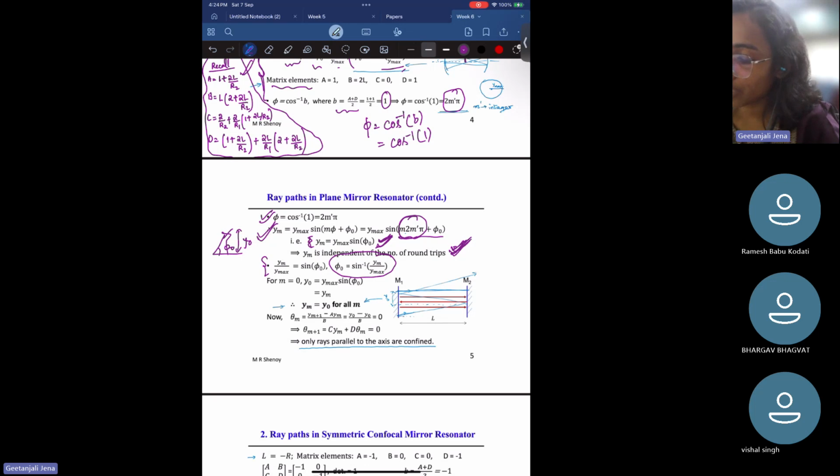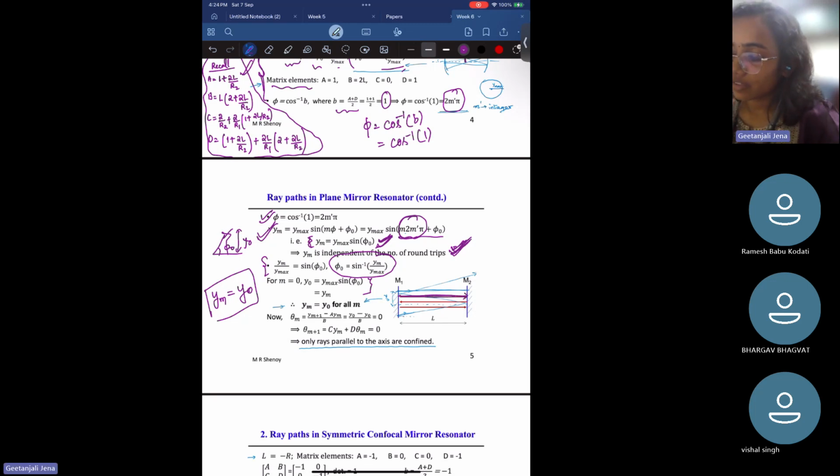For m equal to 0, we have y0 equal to y max sin φ0, which is equal to ym. So this indicates ym for any value of m is equal to y0 only. We initially started with y0, and for any value of m the position remains unchanged. So the height will be the same for all round trips.